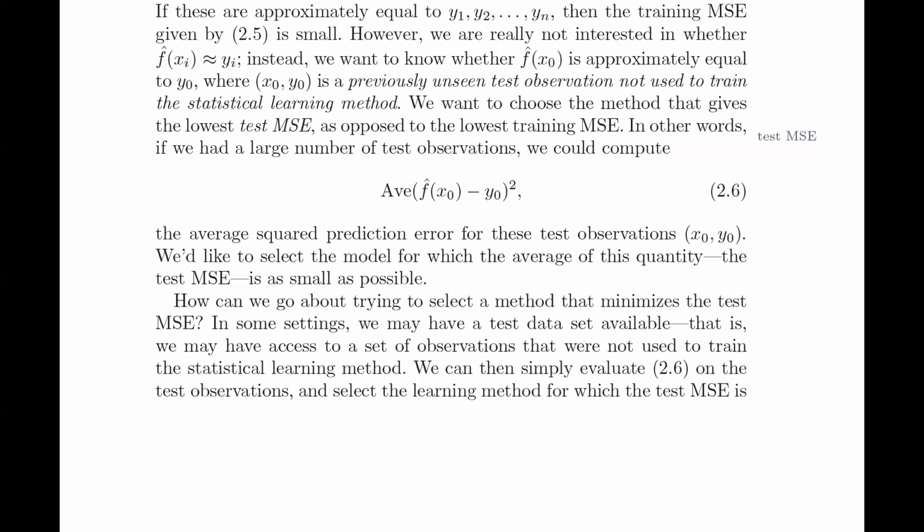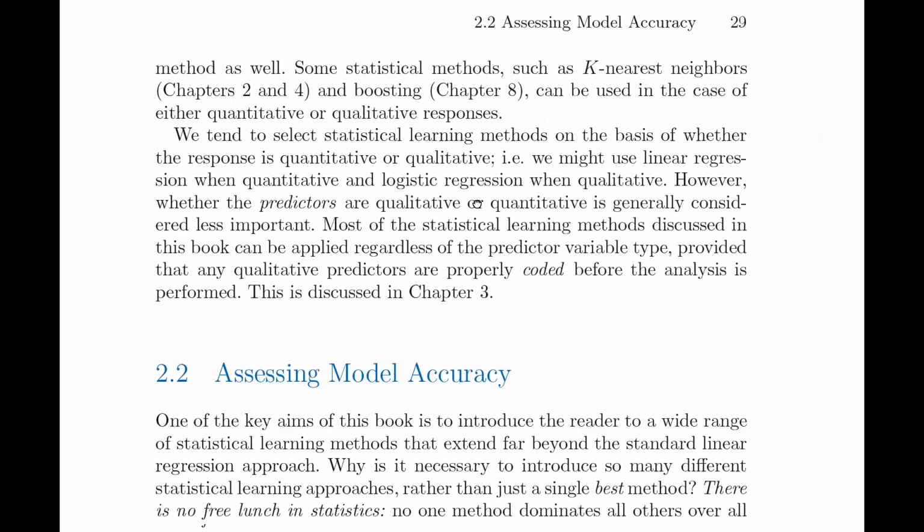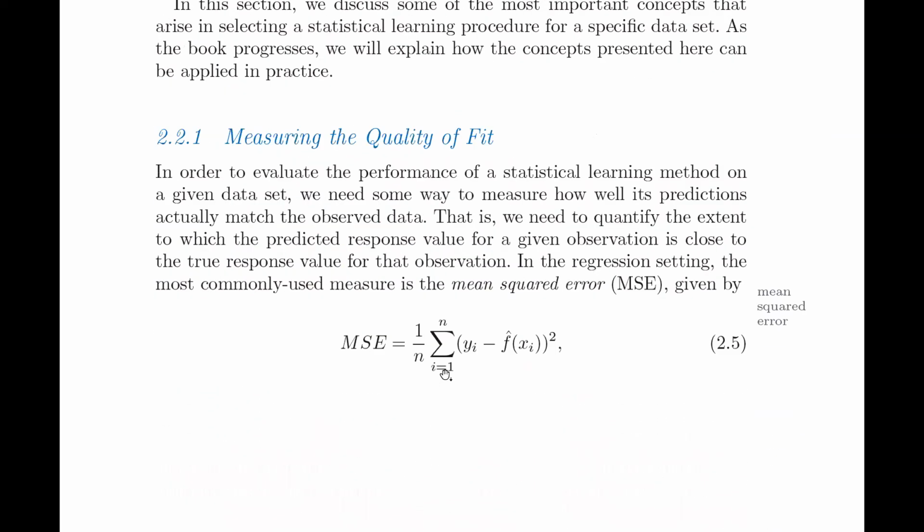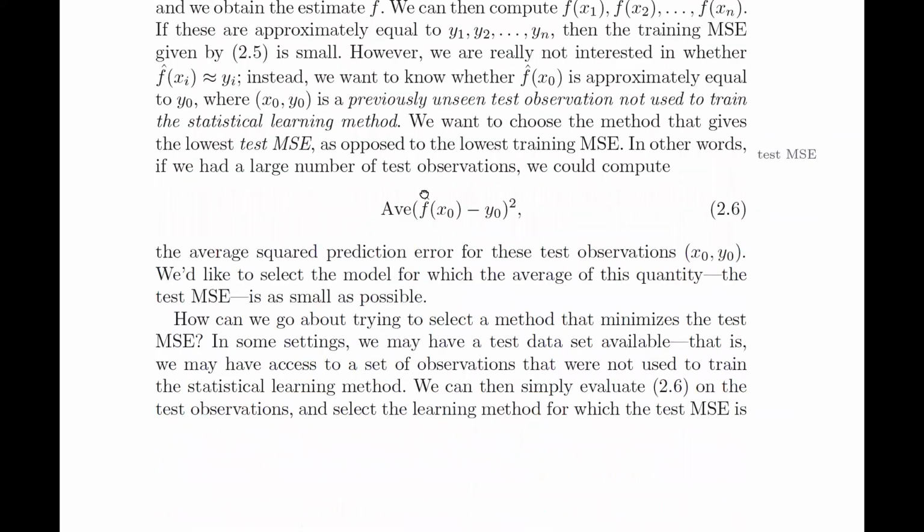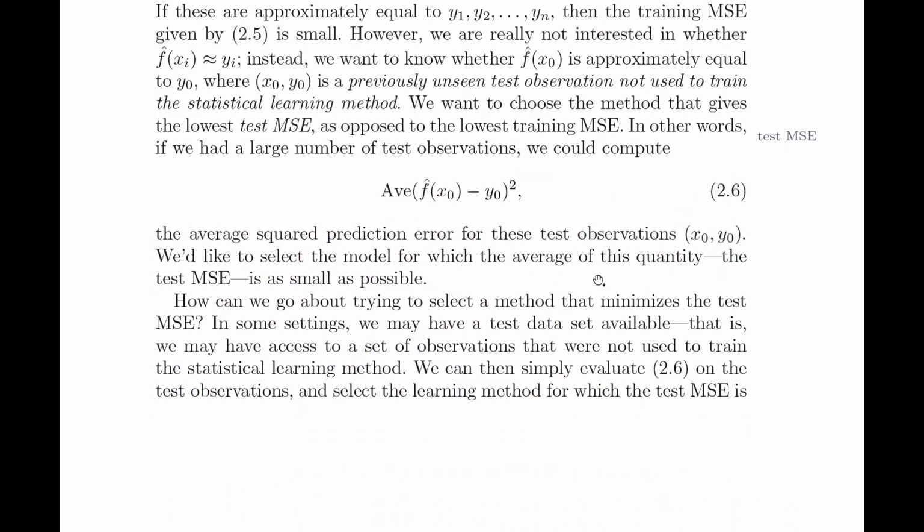Let's see, the average squared prediction error for these test observations, x naught, y naught. I think the only reason they're writing it AVE is because if they used sigma, they would have to specify the number of observations, whereas instead they're just saying we have x naught comma y naught. We would like to select the model for which the average of this quantity, exactly, the test MSE, is as small as possible.